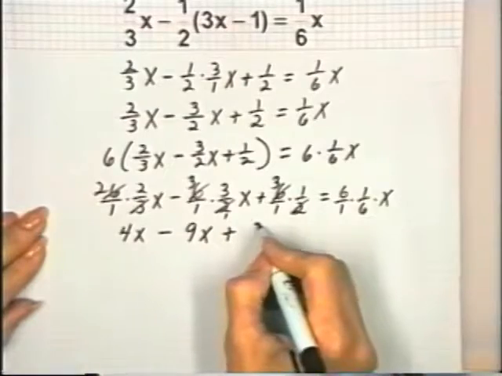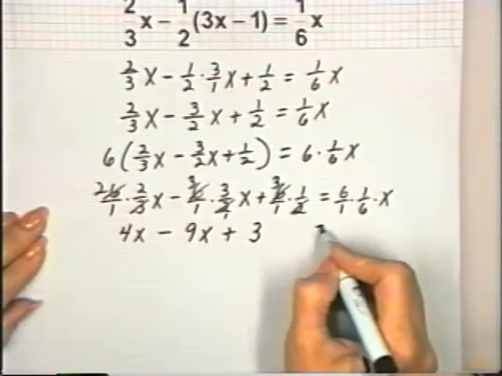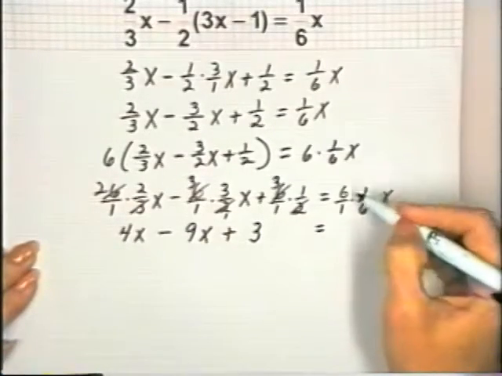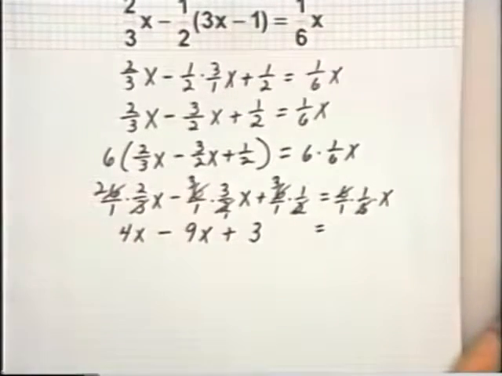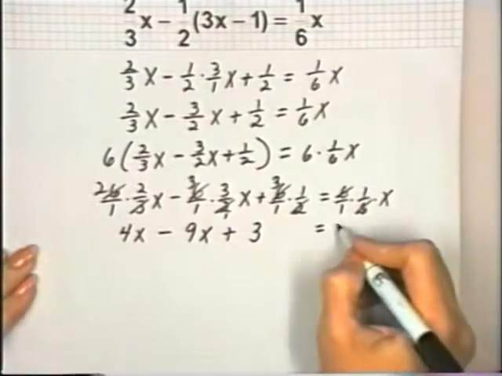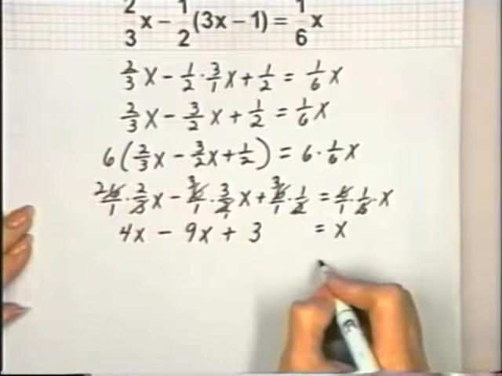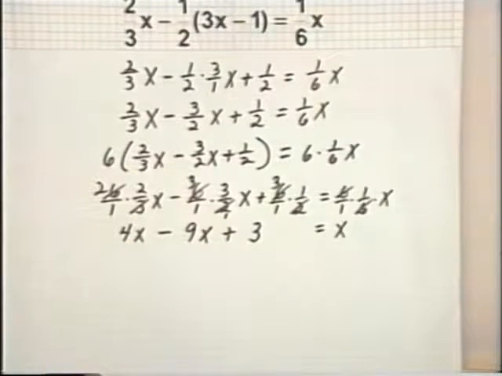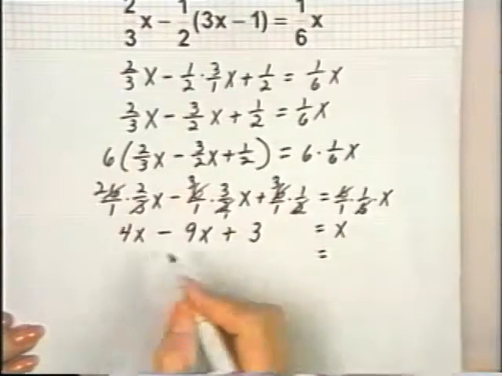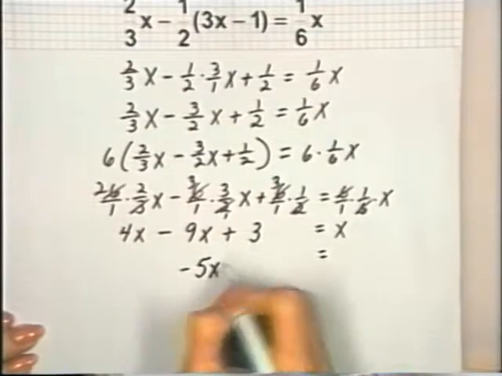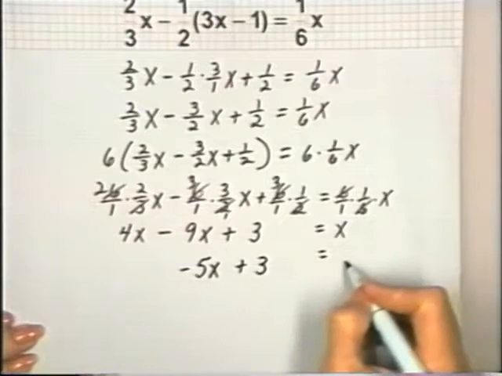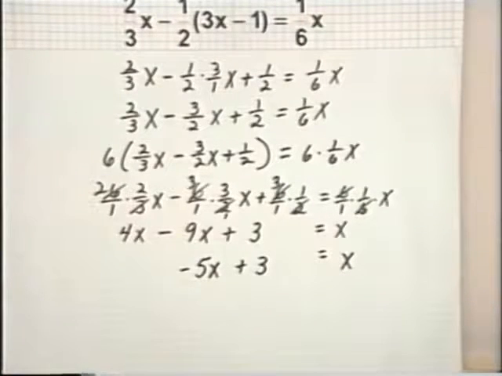I am left with 3/1, or 3, equals, and when I multiply 6/1 times 1/6, the 6's cancel. I am left with 1/1, or 1x. I have removed parentheses. I have gotten rid of my fractions. I will now combine like terms. 4x subtract 9x gives me a negative 5x plus 3 equals x.